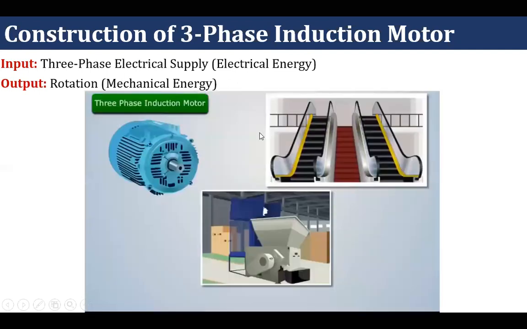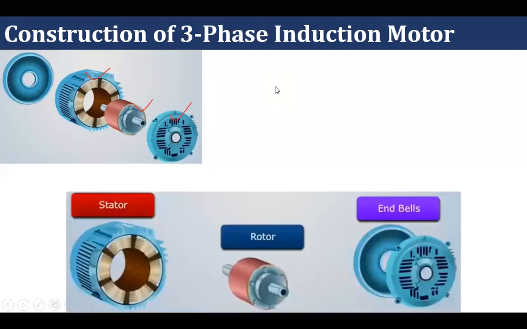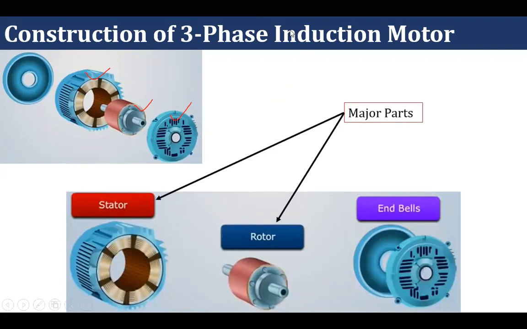It has a number of applications like accelerator, mills in industries, etc. It has three major parts: a stator, rotor, and end shields. Out of the three main parts, two are the major parts. In fact, we can say that for all the motors, we have two major parts, stator and rotor. So one by one, we'll go through these parts.